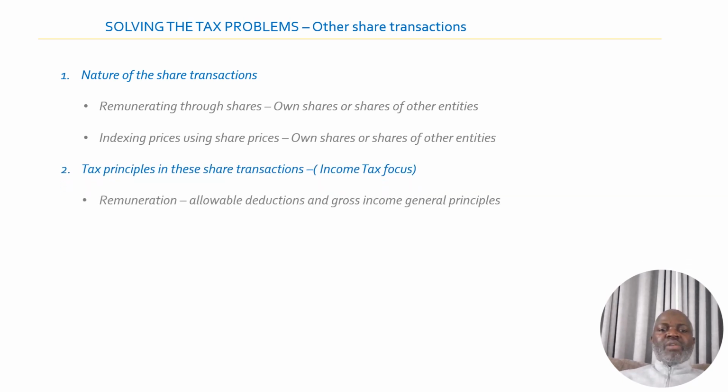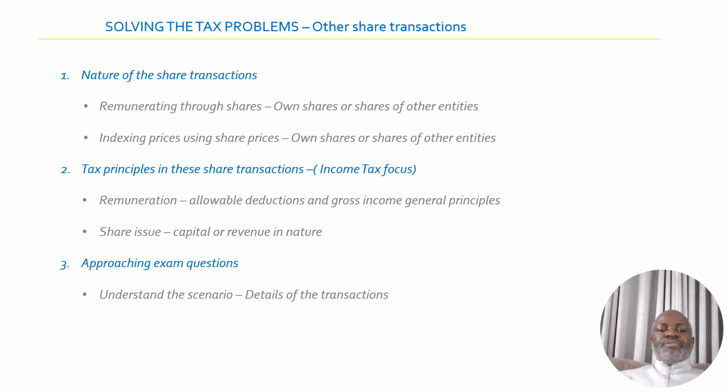I would like to discuss the principles there for remuneration, allowable deductions, gross income, general principles. I've already discussed that, and it's with an income tax focus. There's no point in doing VAT and CGT, given that there's no disposal of shares, and also given that share transactions are exempt, or that in some cases they're done in the context of remuneration, which is excluded from the definition of trade.